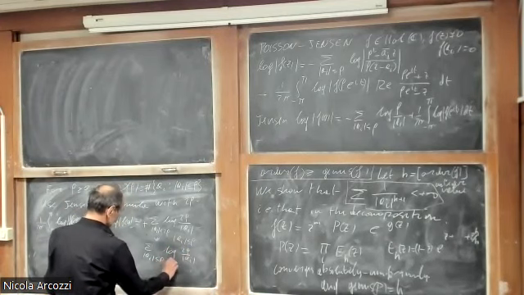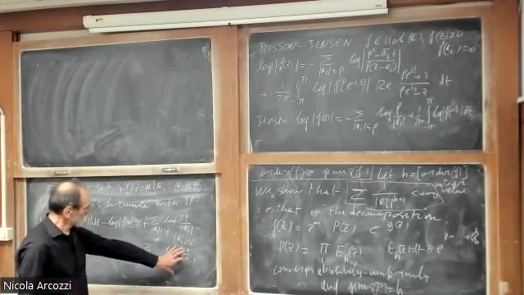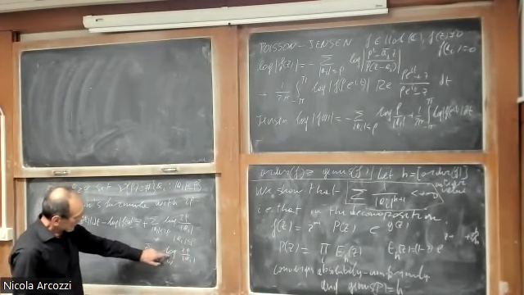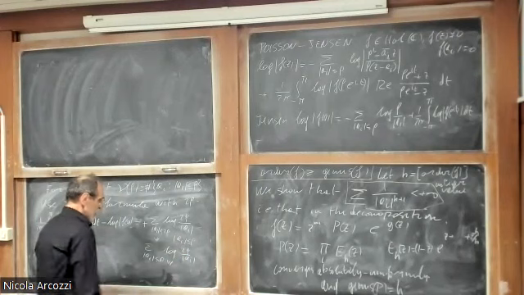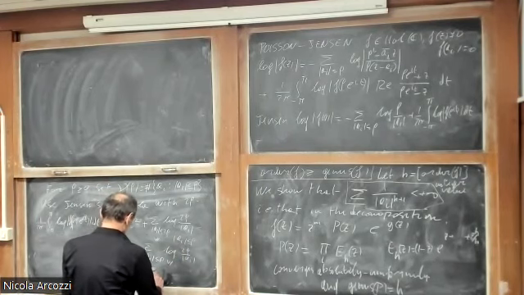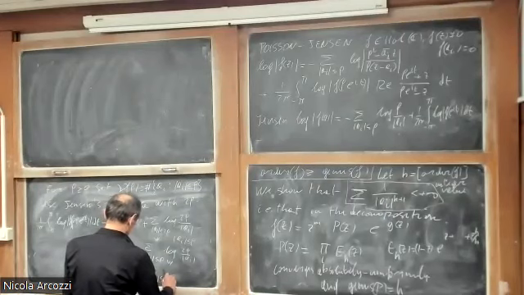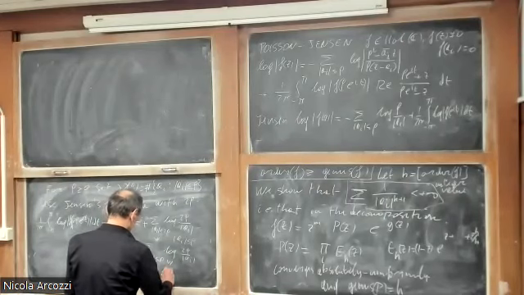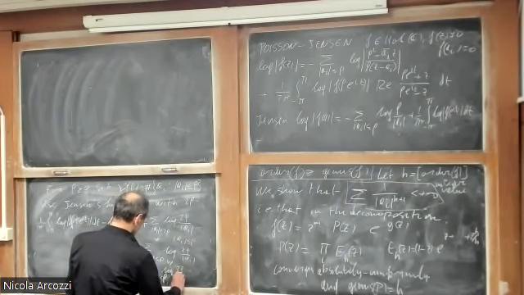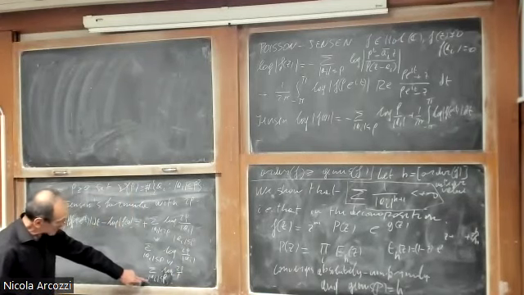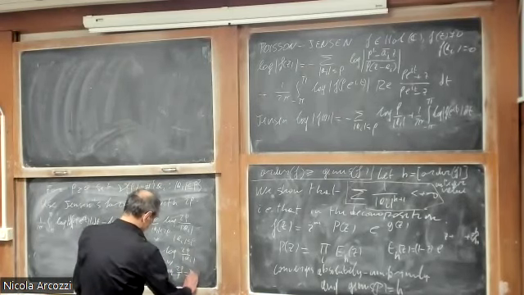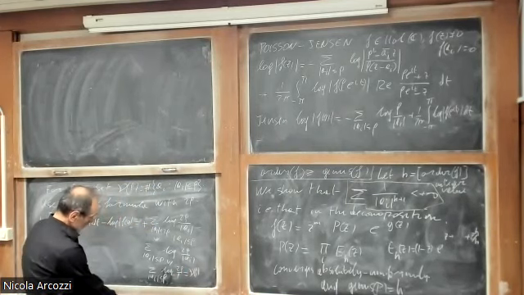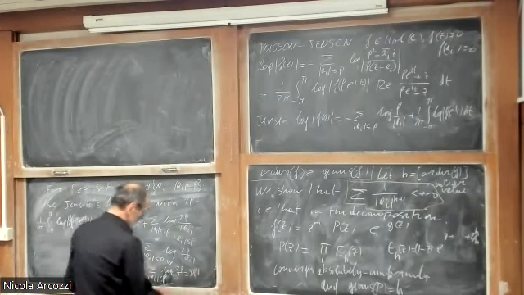And of course this is greater or equal than the logarithm of 2 rho over rho, well, but that's the number of such zeros, the number of such zeros times logarithm of 2.